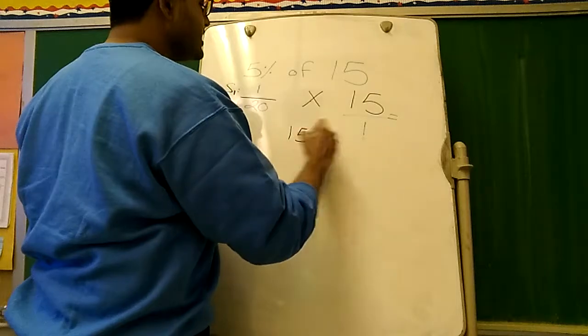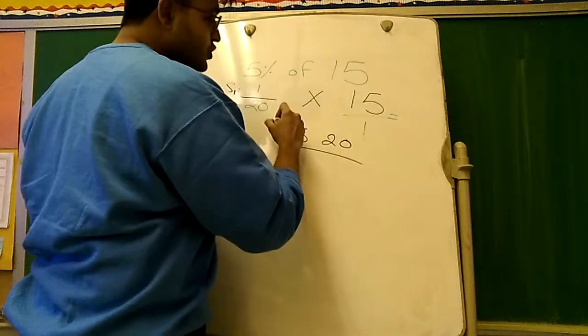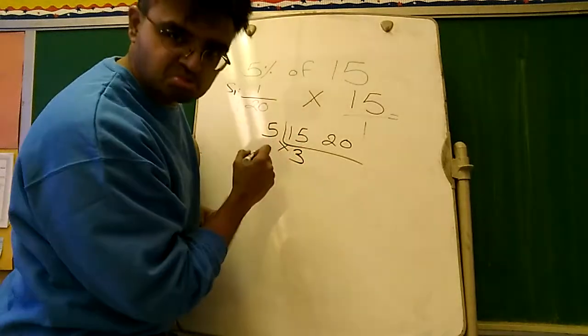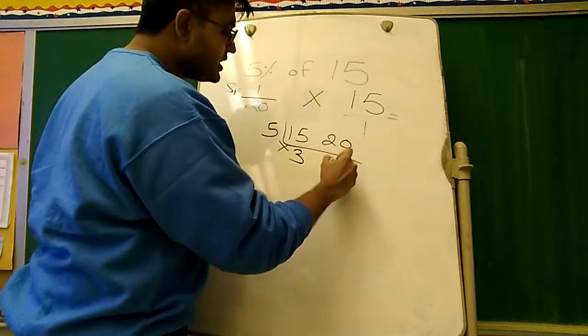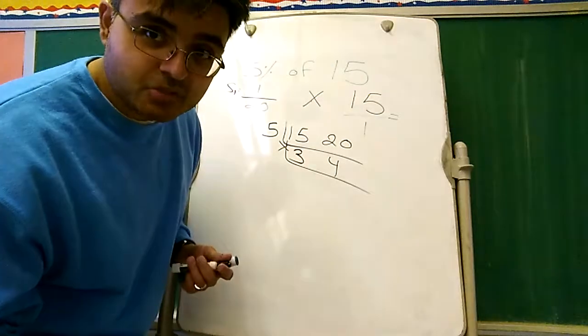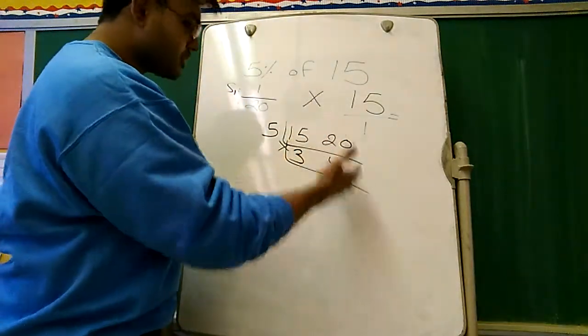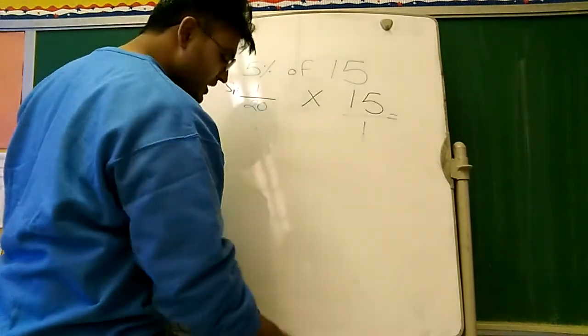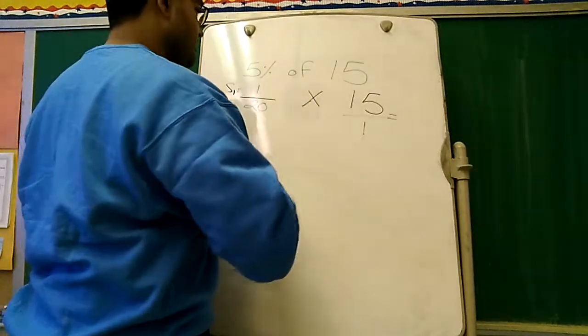We got 15, we got 20. 5 should work. 5 times some number is 15. 5 times some number makes 20. Hey, it works. 3 over 4. You can't make it any smaller. So 15 over 20 can be simplified into 3 over 4.